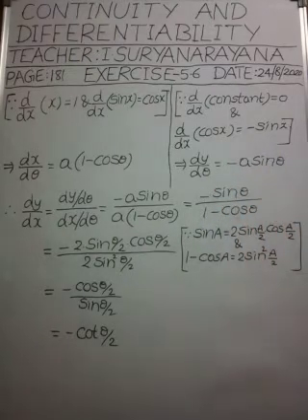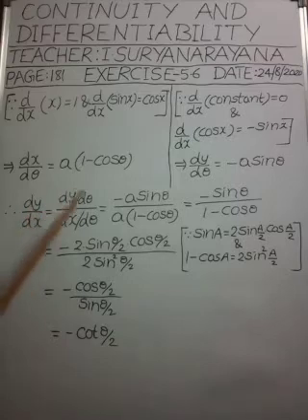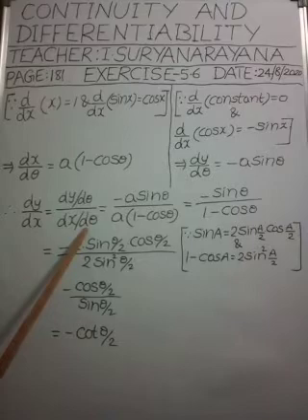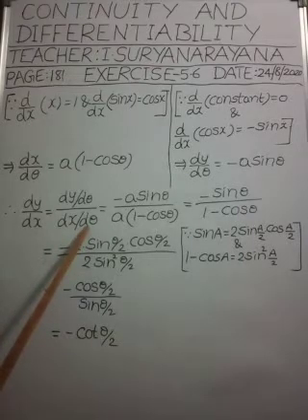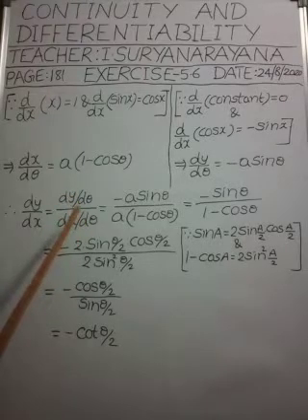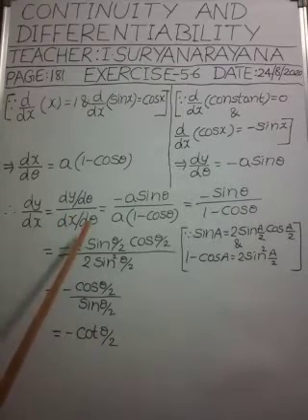Right. We found here dx by d theta and here dy by d theta. Now come to dy by dx. We have to find now dy by dx. How can you find dy by dx? Dy by d theta by dx by d theta by using the chain rule. Okay, my children? Understood? Right. So in this step, we substitute dy by d theta value and dx by d theta value.